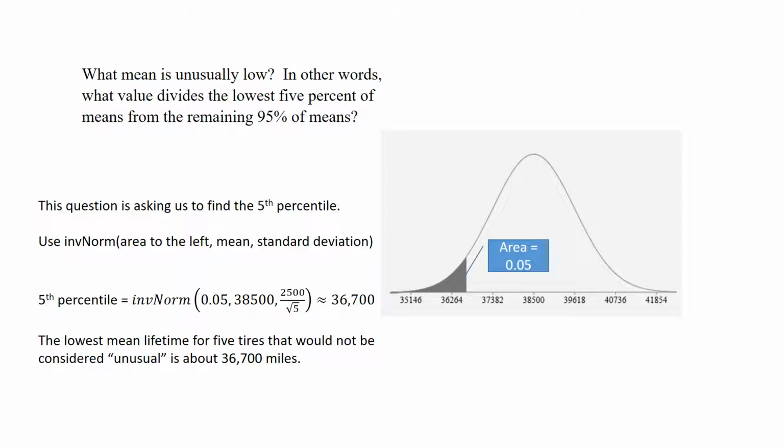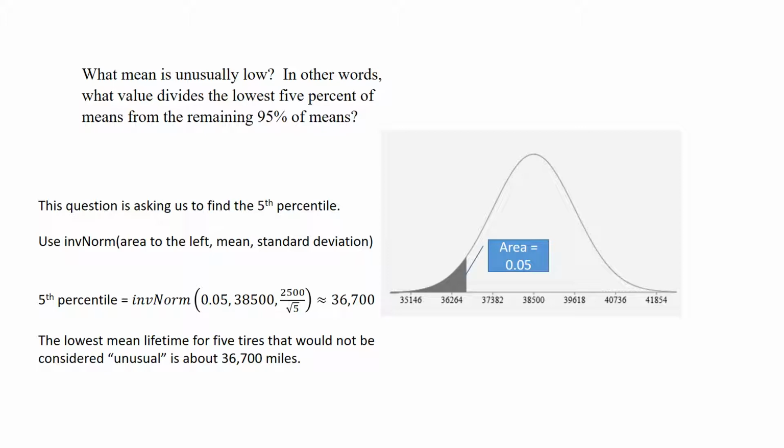So we go to second vars into our distributions, and we scroll down till we get invNorm, I-N-V-N-O-R-M. And the syntax for entering that to the calculator is we type in the area to the left, which is the same as the percentile converted to a decimal, comma, mean, comma, standard deviation.